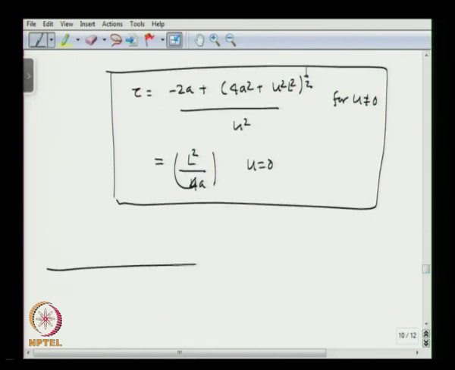So, by measuring the time that it takes for the heat pulse to reach from the heater to the sensor, we will be able to predict what is going to be the flow rate. That is how the time of flight flow rate sensors work. Okay. So, with that let us stop here.